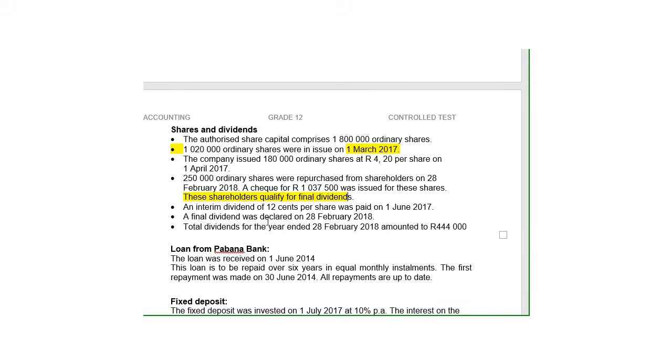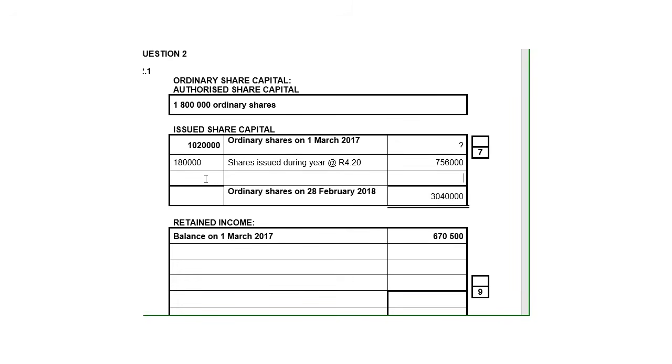So the number that were repurchased, 250,000. We repurchase, it means the number in issue will become less. So I'll put it in brackets. And that was shares bought back at, and now we've got to put in what the amount per share was.